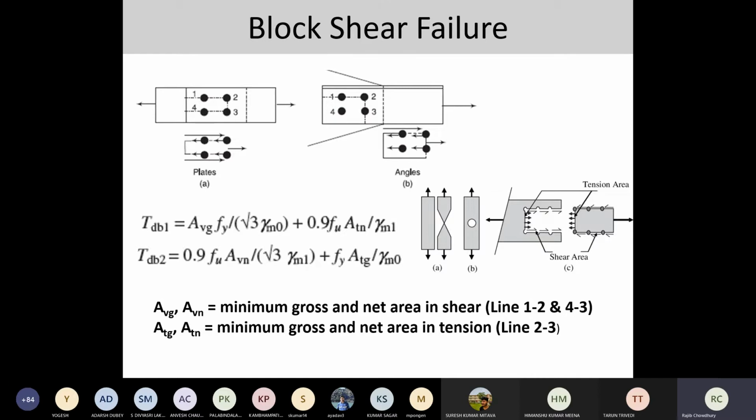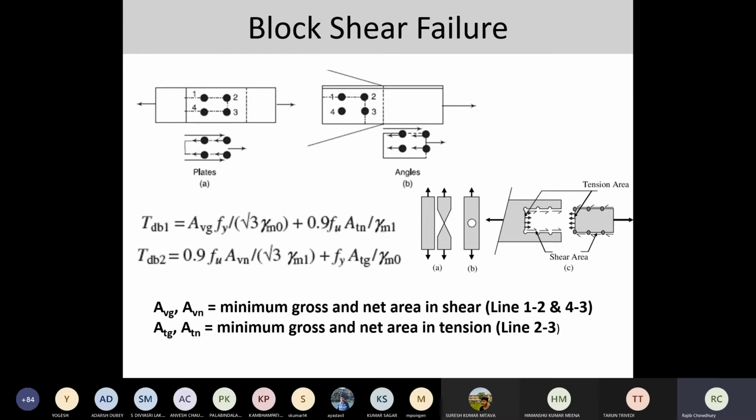In this failure mode, the failure of the member occurs along a path involving both tension as well as shear. Shear would be on the perpendicular plane along the fasteners on which the load is being applied.